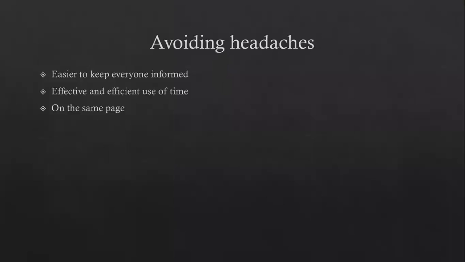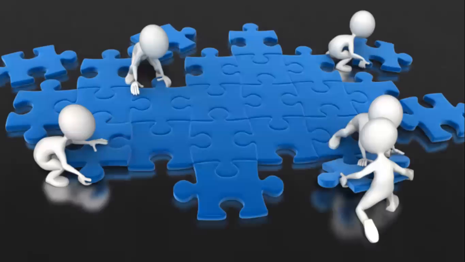And in doing so, you're avoiding headaches. You are not creating problems. Issues are resolved. People understand what's going on and they're kept informed. And in doing so, now you have everyone on the same page, everyone working together to create the pieces, to create the product of high quality that everyone wants to provide to their clients.